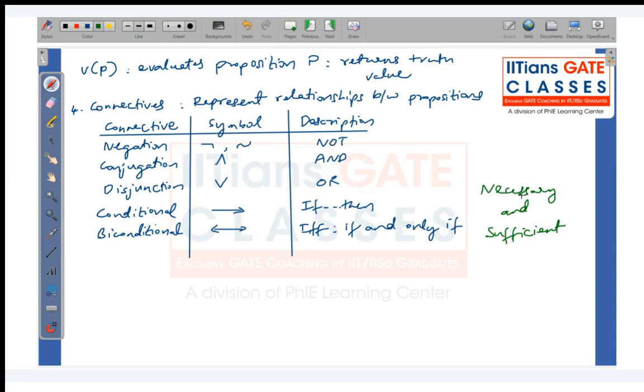If the condition is necessary, then, if you were to explain it in your own words, if I say a condition is necessary, what does that mean?